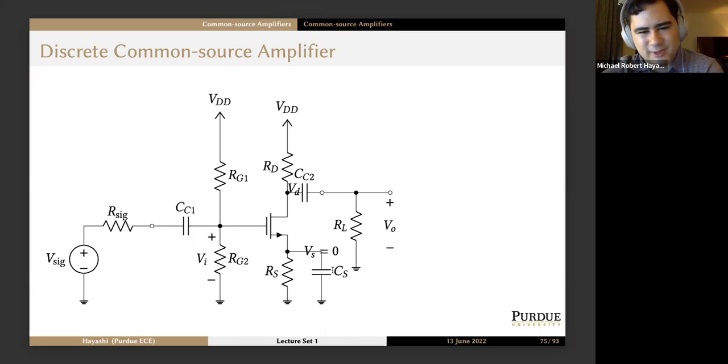Well, the answer is we put this really large capacitor CS right here, such that at the signal frequencies, this capacitance is so large that it acts like a short circuit to ground by our small signal model. So at the signal frequency, the source looks like it has a direct connection to ground. It's like RS isn't even there. So RS can help us with biasing, but it's gone when it comes time to actually do the small signal model and figure out the AC properties of the common source amplifier.